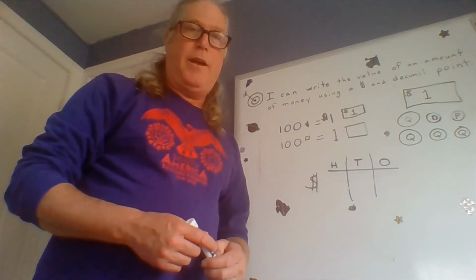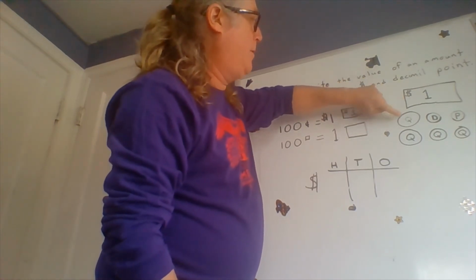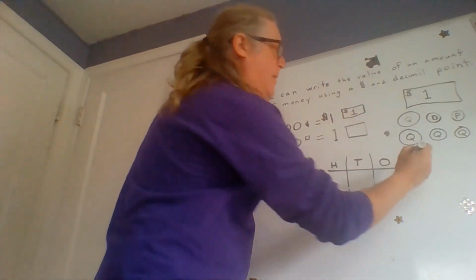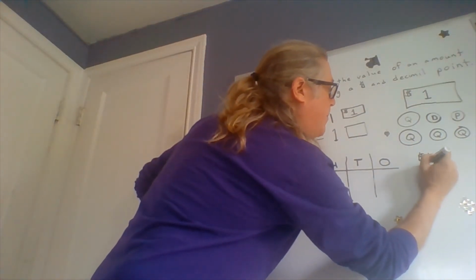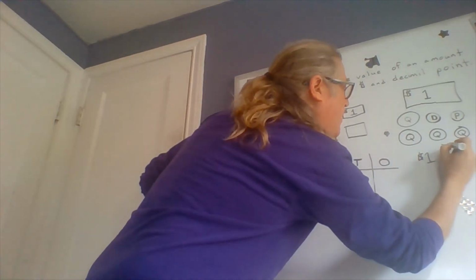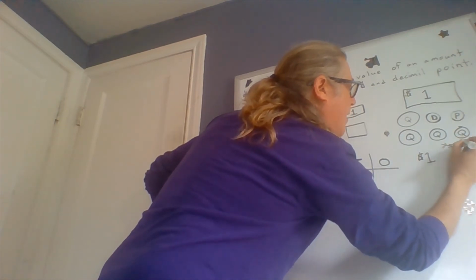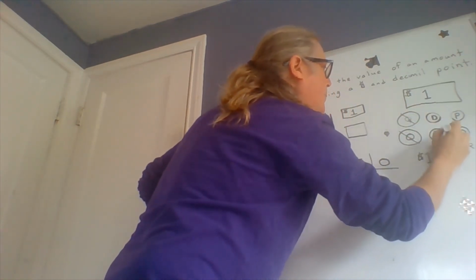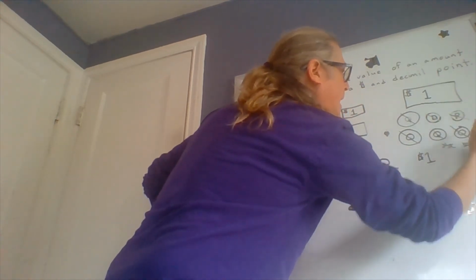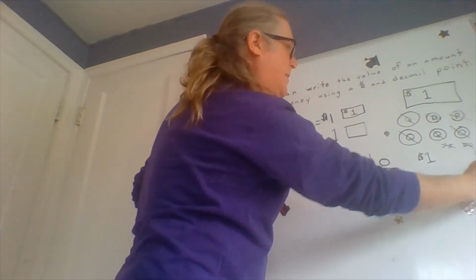Let's take a look at another example. I've drawn another group of money here. We have $1, and 1, 2, 3, 4 quarters, a dime, and a penny. So we've got $1 from the dollar bill, and then 25, 50, 75, a dollar: 1, 2, 3, 4 quarters. 10 more makes 110. 1 more makes 111 cents.